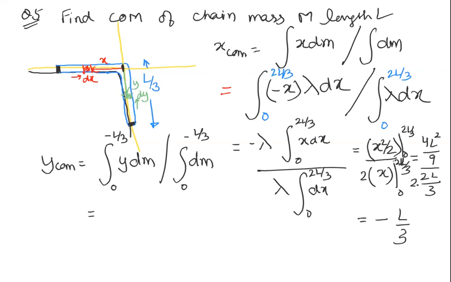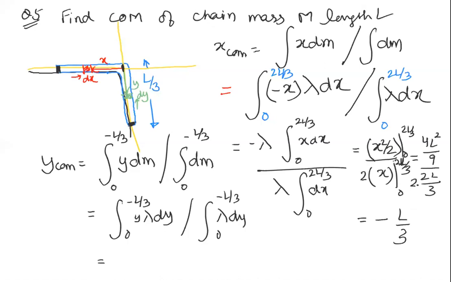So this will be equal to integral 0 to minus l by 3 of minus y... we cannot take both as minus, either I take one as minus and not the other. So I'll take the limits as negative. I'll put just a y here. Lambda dy divided by integral dm, which will be lambda dy 0 to minus l by 3.